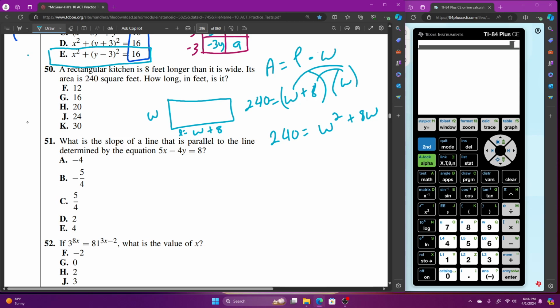And we can guess and check for W. We can do that. Let's try answer choice A.